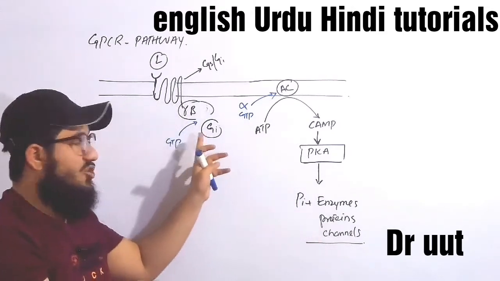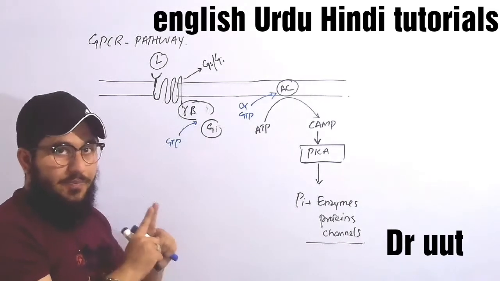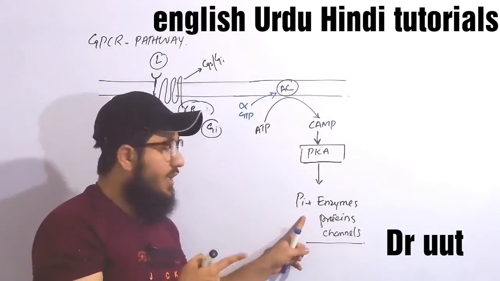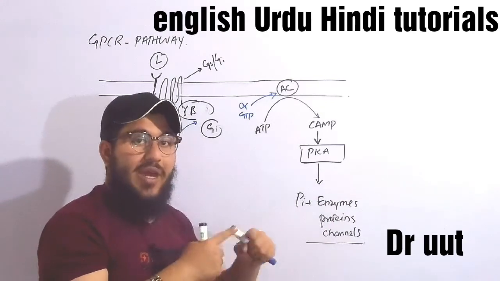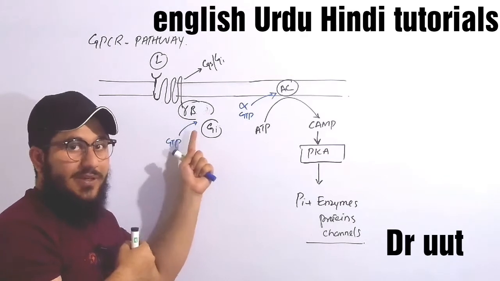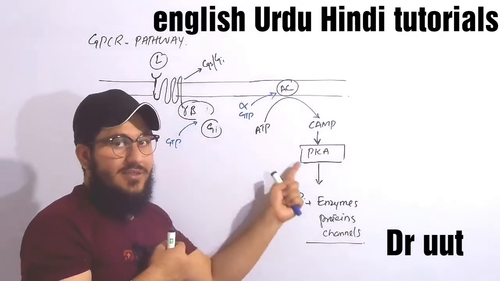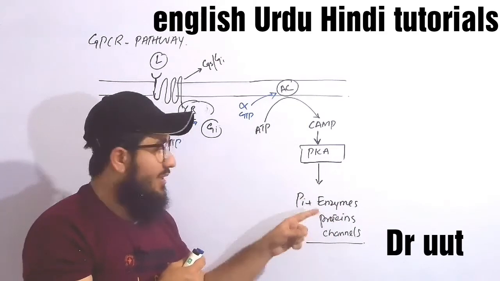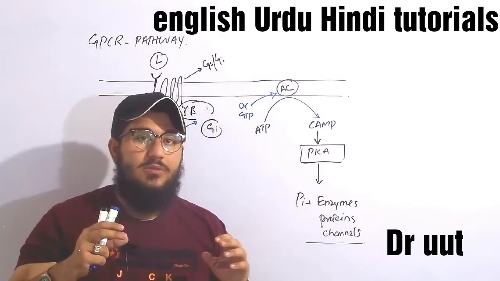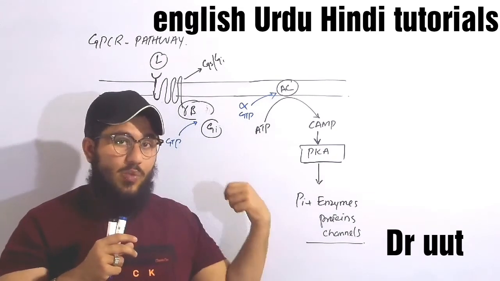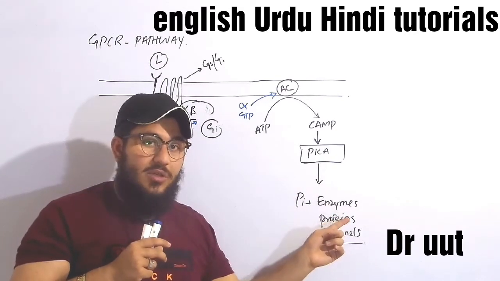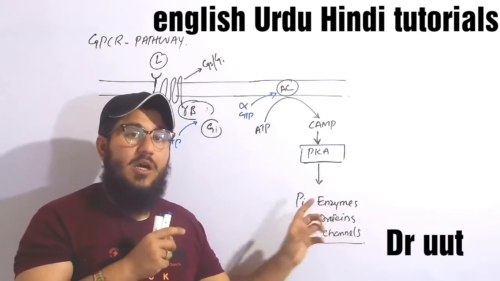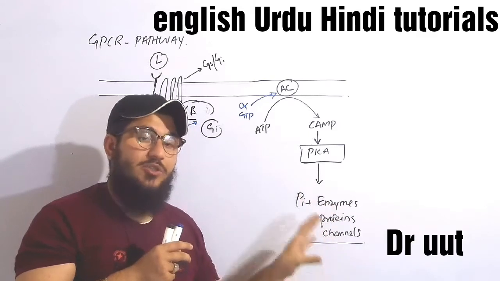Because the signal is by GI. So the GS coupled receptor will do the phosphorylation, and that phosphorylation will turn these enzymes, proteins, channels to the active state. And if the GI protein coupled receptor is receiving the signal, then this signal will cause the phosphorylation, and this phosphorylation will turn these enzymes, proteins, channels inactive. So the GS coupled receptor pathway will cause activation, and the GI coupled receptor pathway will cause inactivation after phosphorylating these enzymes, proteins, or channels.